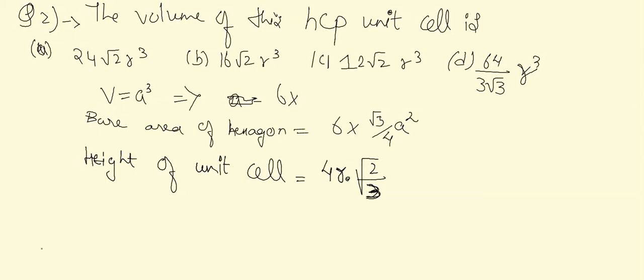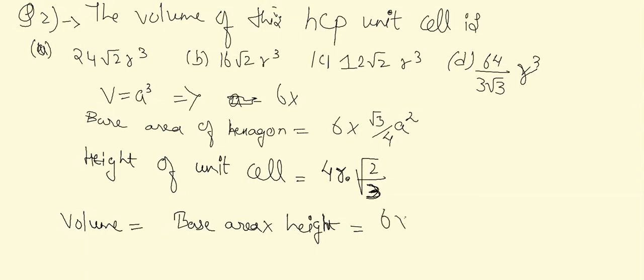Now the volume will be equal to base area into height. So our volume becomes 6 into under root 3 divided by 4 a square into 4r under root 2 upon 3.